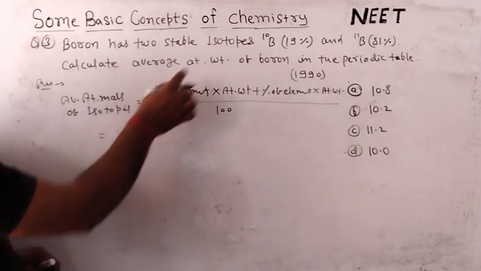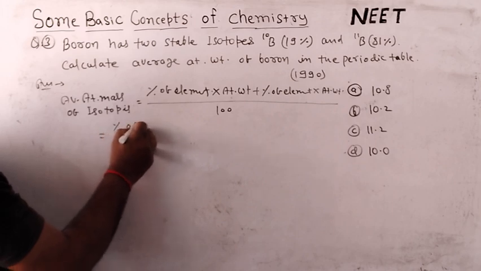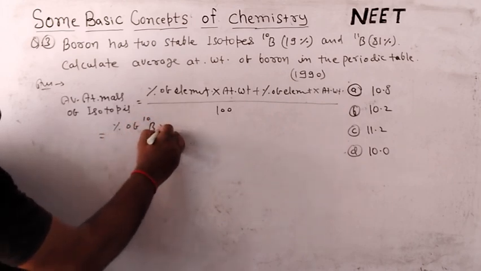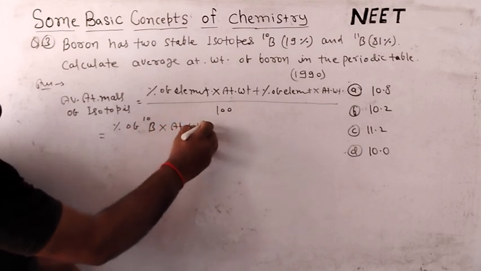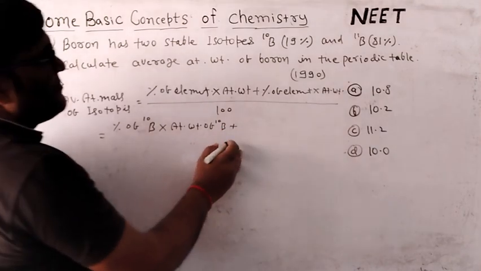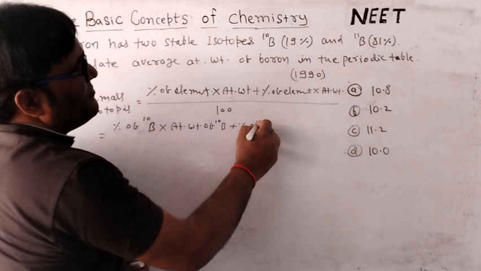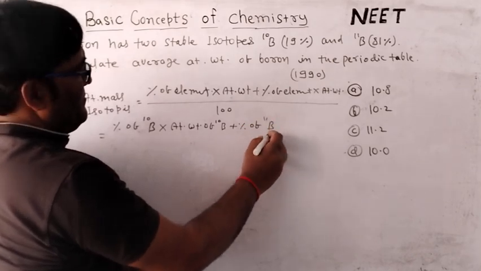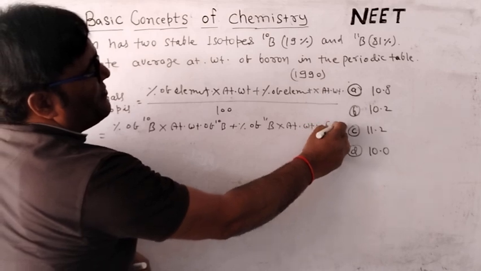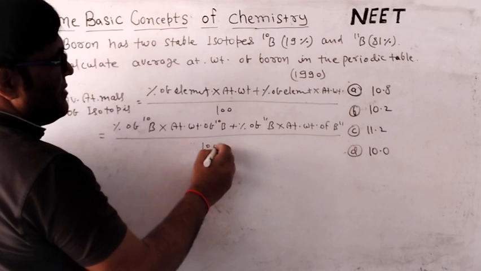Now, according to given data, percentage of boron 10 multiplied by atomic weight of boron 10 plus percentage of boron 11 into atomic weight of boron 11 divided by 100.